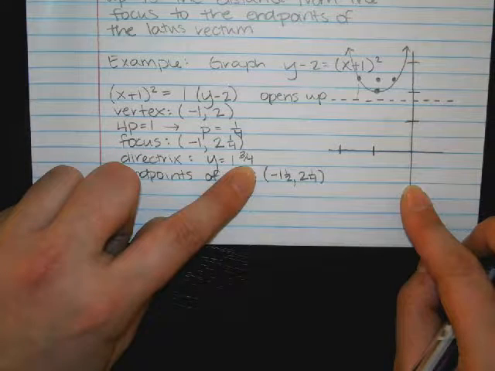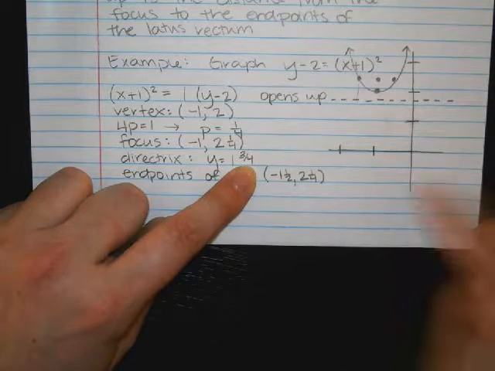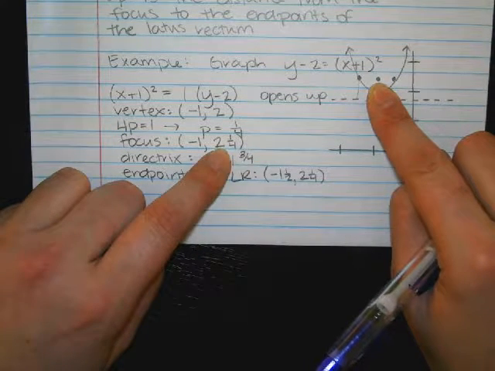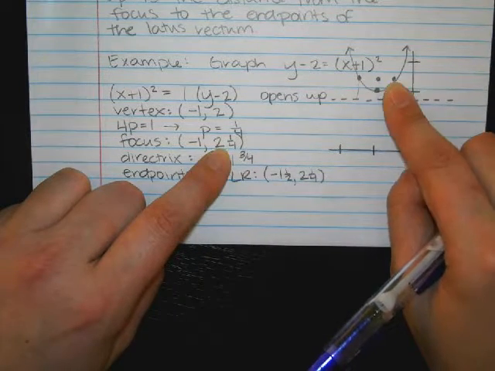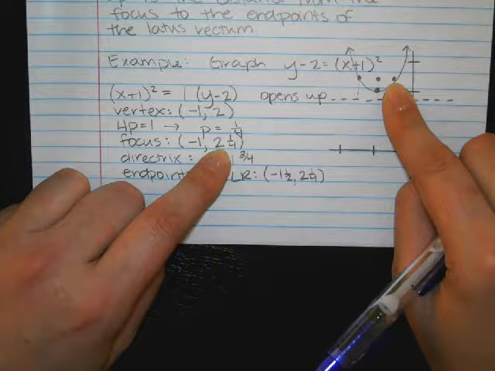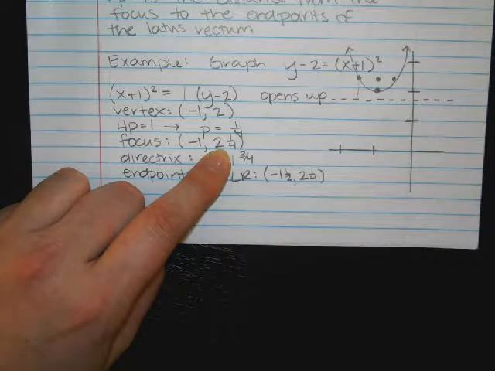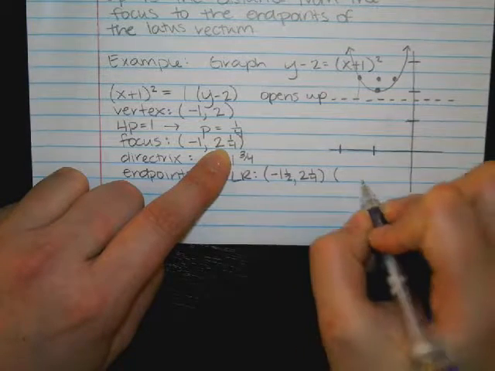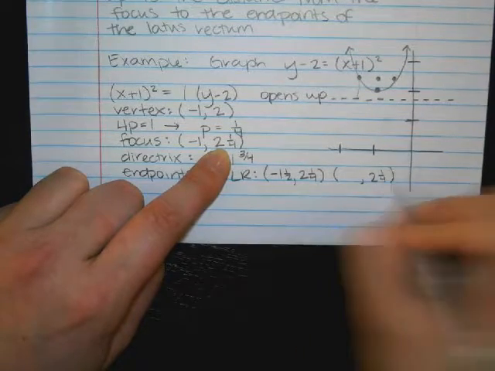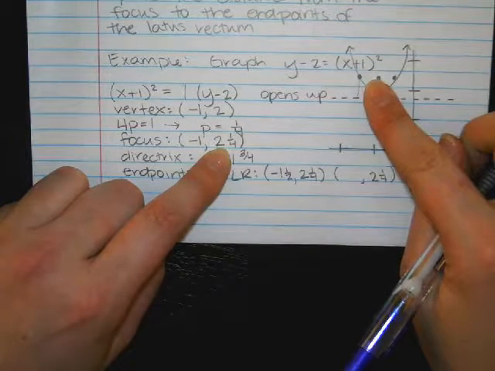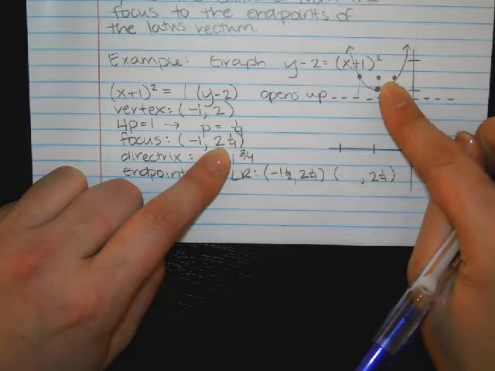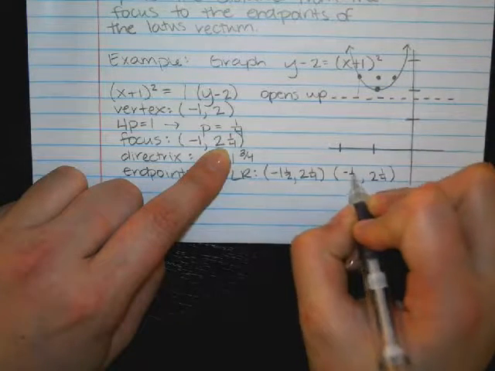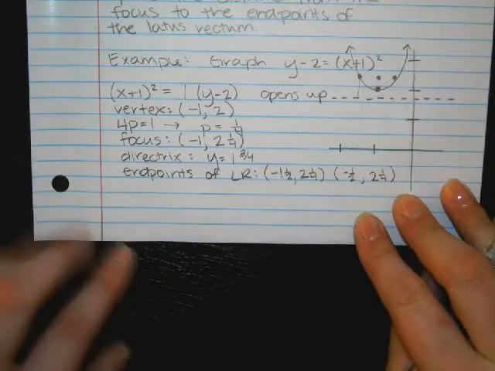Mm-hmm. And then the other endpoint, I started at negative 1, 2 and 1/4, and I went to the right 1/2. So the y coordinate is still 2 and 1/4. The x coordinate was negative 1, and I went to the right 1/2. Negative 1/2. Okay, so those are the endpoints.